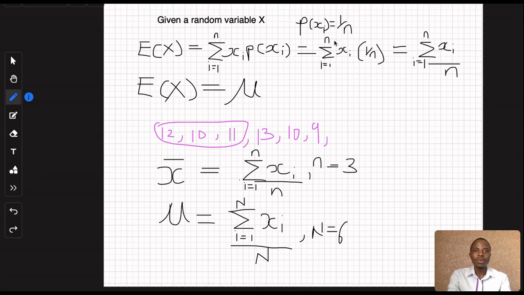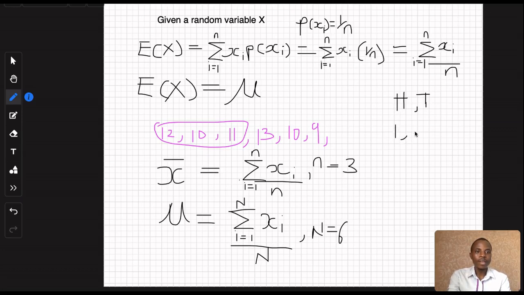All right. But in some cases, the probabilities may not be equally likely, so you may not put 1 over n there. In the case of a fair coin tossed once, you are going to have 1 over 2 as the probabilities. The probability of head is 1 over 2, the probability of tail is 1 over 2.